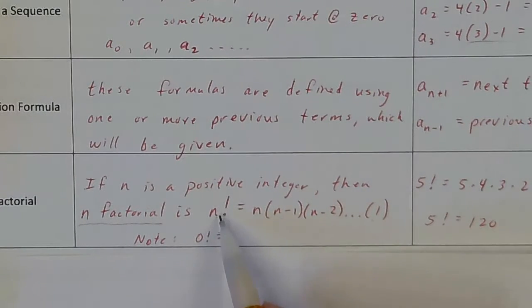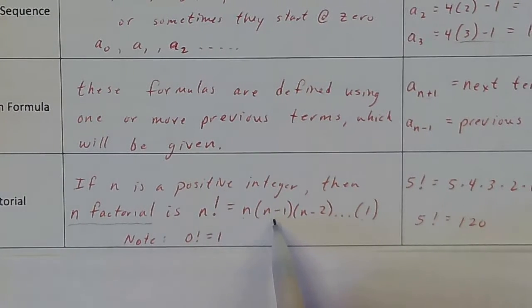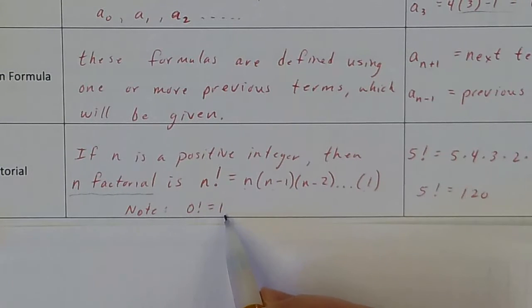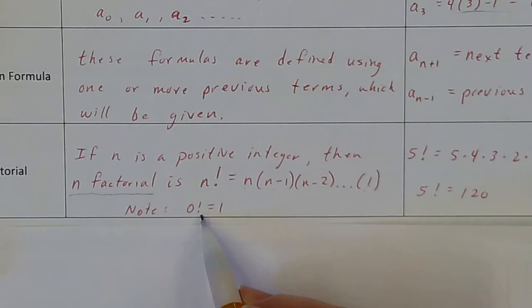Okay, so in general, it's n, and then the next number down is what you multiply it by. And then the next number down, all the way down to 1. Okay. I did make mention here, 0 factorial is always 1. If you forget that, calculators are programmed to know that too. And I'll show you where the factorial button is in just a moment.